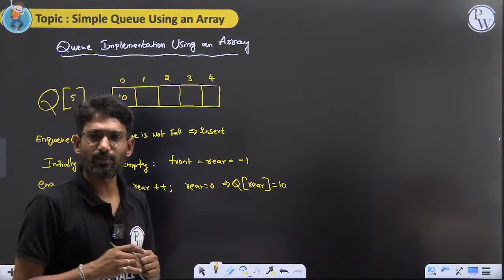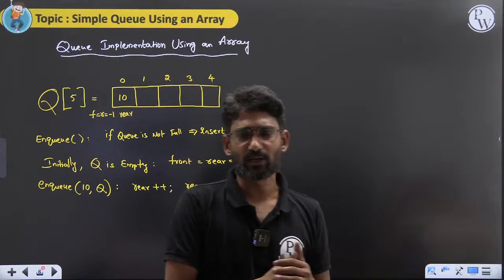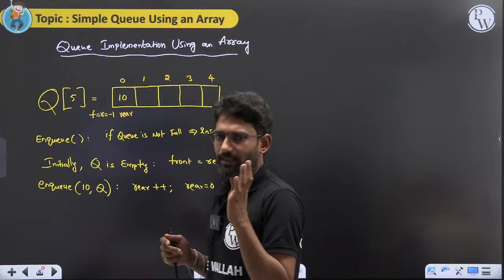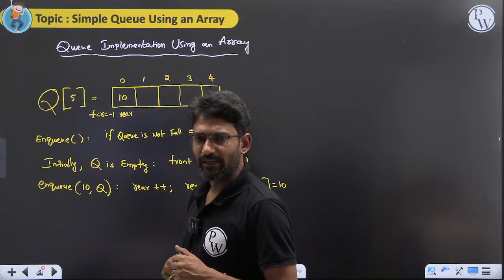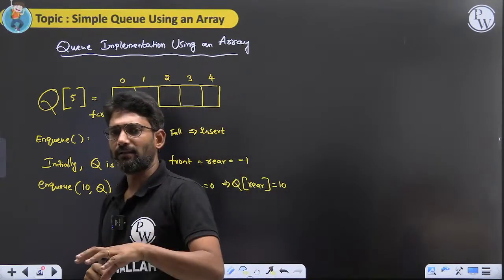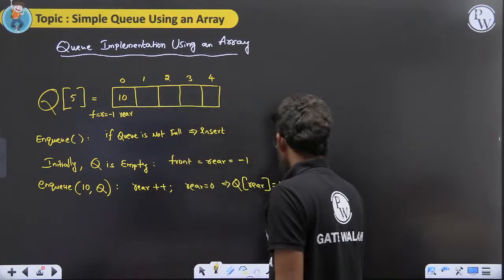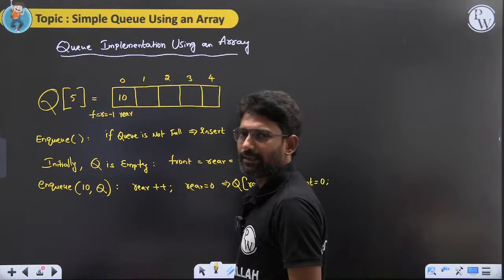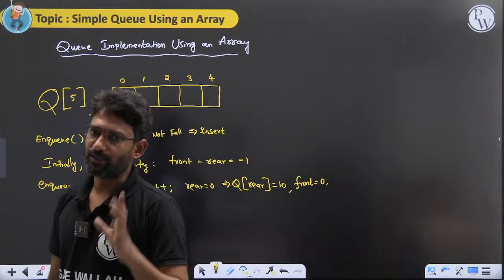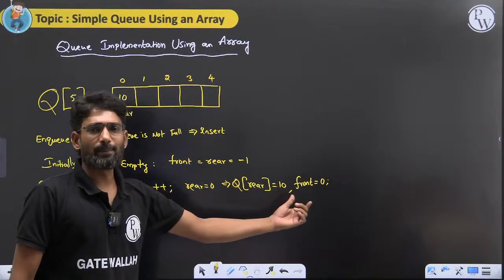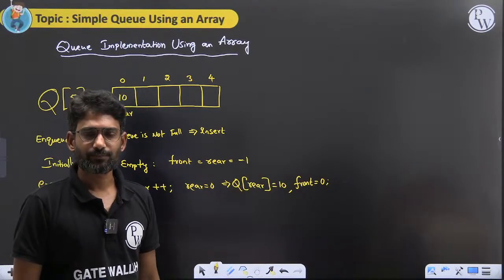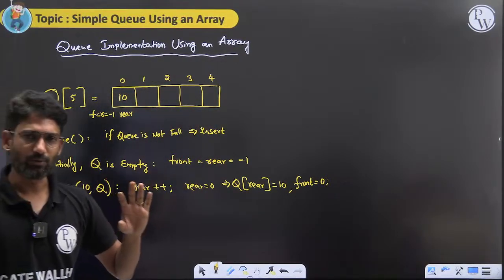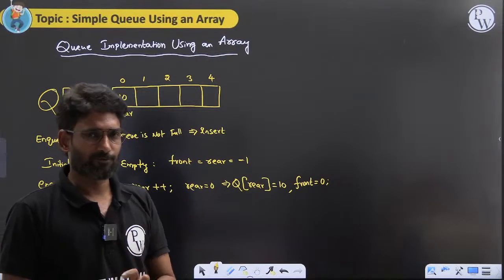But front is not supposed to be at index -1 now, because we have an element; if you want to delete now, 10 should be deleted. So front should be at the index of 10. So for the first insertion, I have to manually set front to 0. I need not update front always. Only for the first insertion into a simple queue, I have to update front.